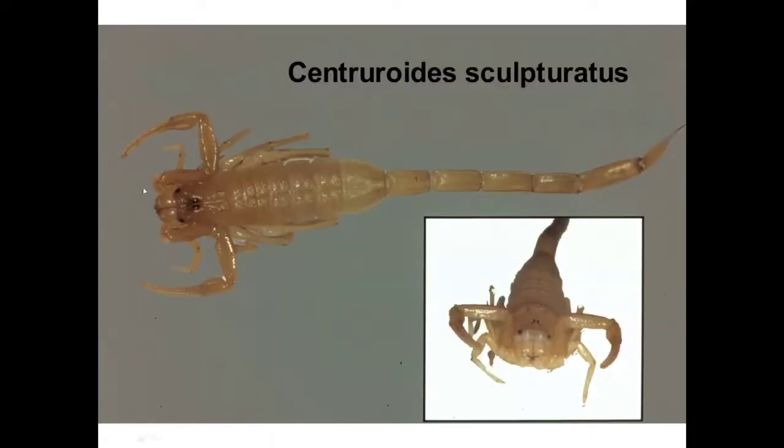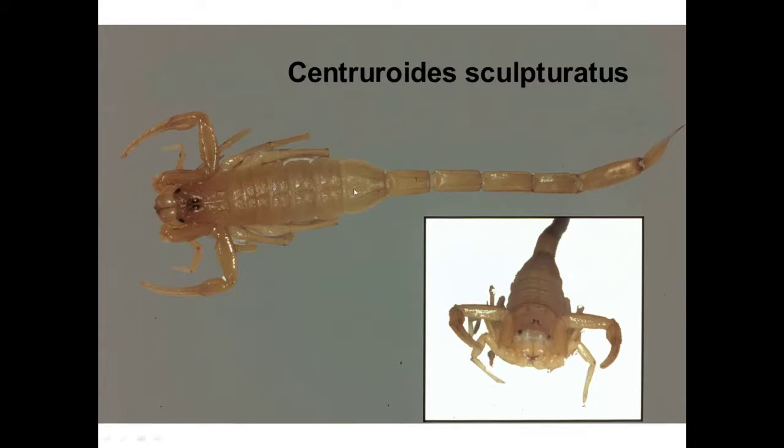Right? Centruroides sculpturatus, the southwest mainly. It's the most lethal potential. You don't usually die from it. I mean, there have been very few reports in small children of death. The red scorpions in India and South America are much worse in terms of lethal potential.